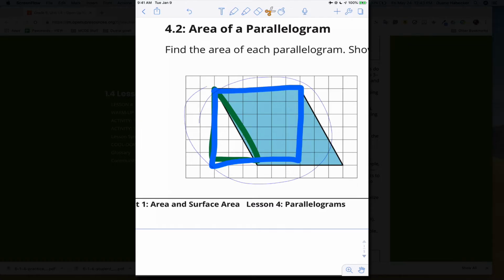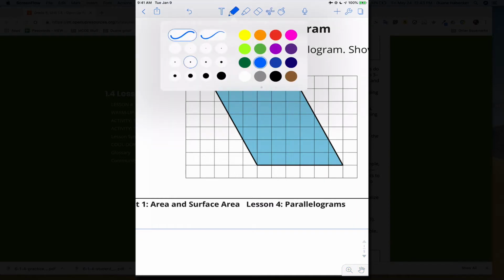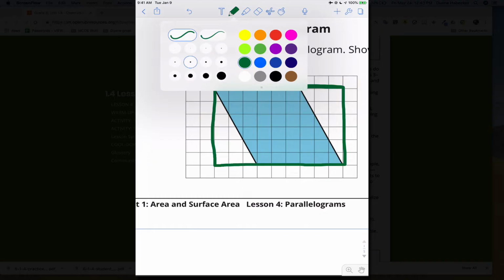There's another way that students might attack this problem. They might think of the entire enclosing figure, and I'll do it in green. They might look at this entire enclosing figure right here and say, okay, that appears to be a rectangle, because it is.